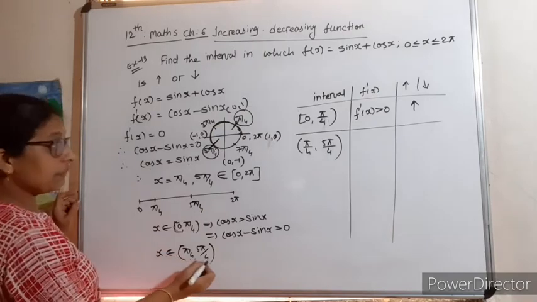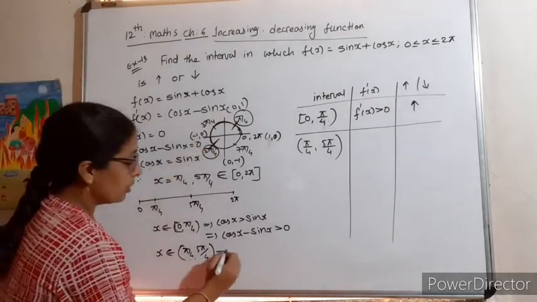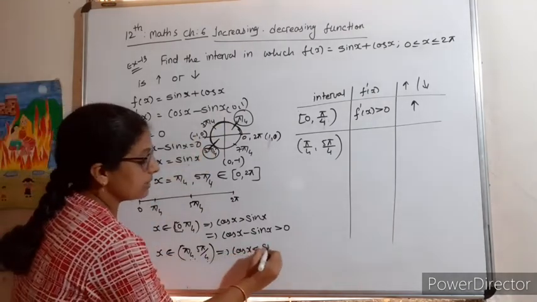In pi by 4 to 5 pi by 4, cos x is less than sin x.